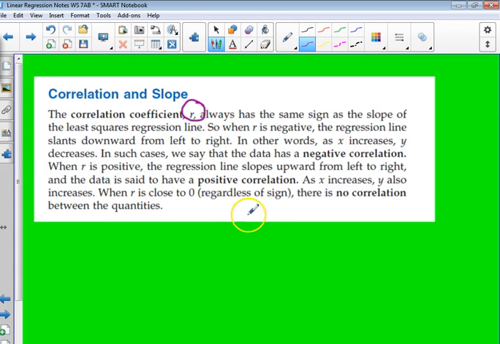So correlation coefficient is always somewhere between -1 and +1. -1 would be perfectly straight with a negative slope. +1 would be perfectly straight with a positive slope. But it can also fall anywhere in between there. 0 would be like no correlation whatsoever.